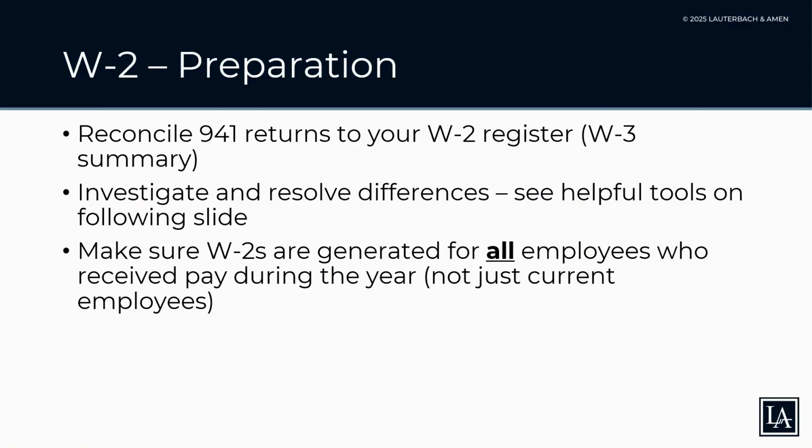Say you had a payroll issue in February, you would catch it in early April when you're doing those 941s to make sure it's hitting the 941 and the W-2 correctly, instead of waiting until January and saying, hey, that person that doesn't work here anymore had some weird payroll thing back in February that we need to go fix. No one's going to remember what you did or how you treated it at the time unless you have a really thorough documented plan. So it's easier to do that throughout the year.